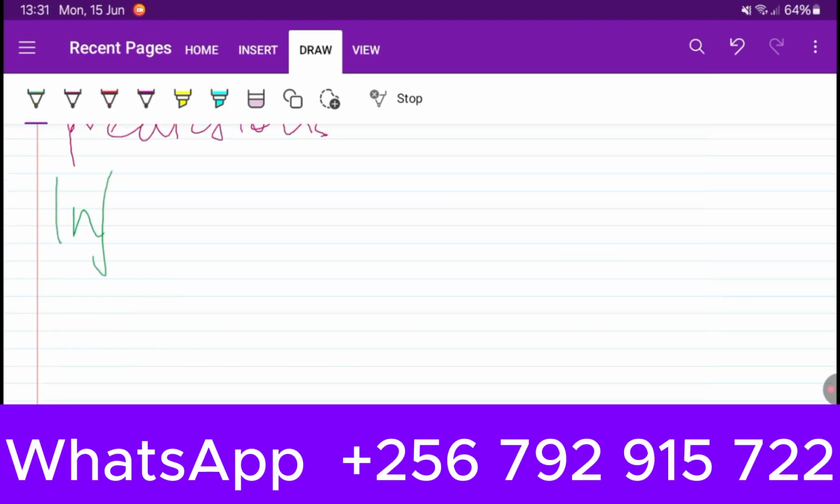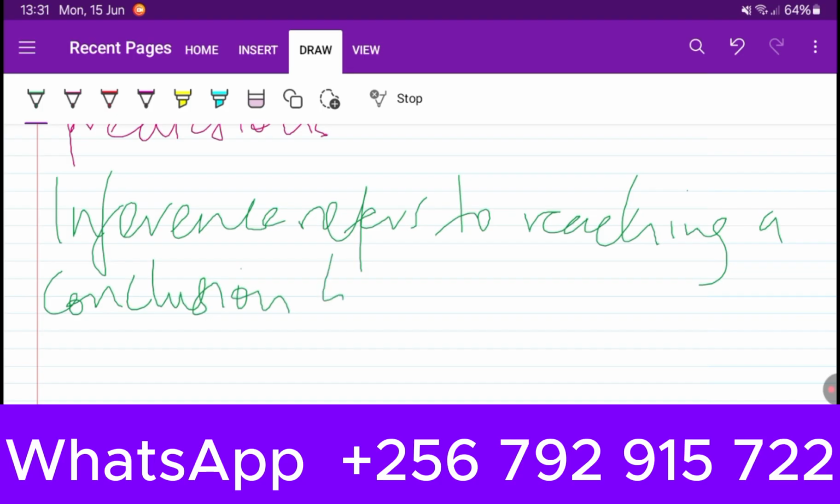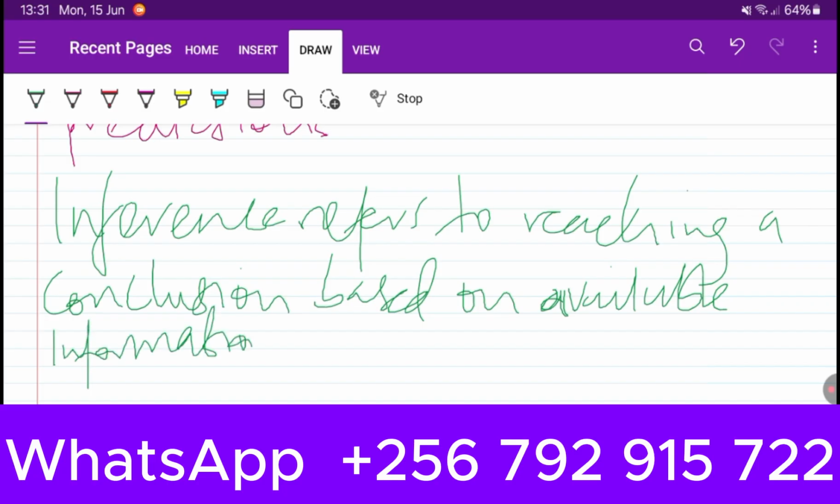The word inference refers to reaching a conclusion based on available information, based on available knowledge or facts.